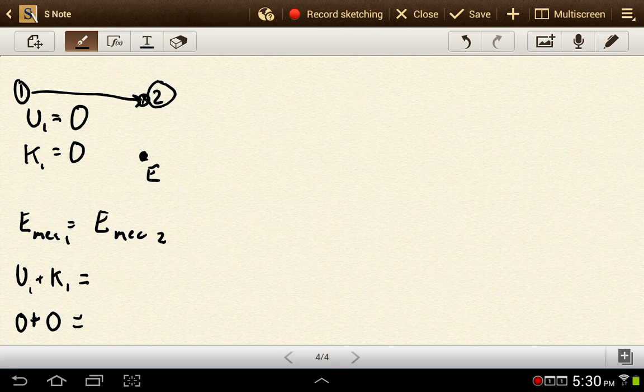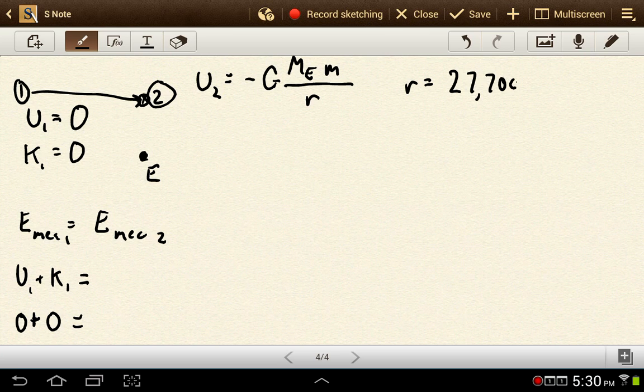Now for the right-hand side, potential energy at point 2 is going to be the old universal gravitation potential energy, which is G times mass of the Earth times mass of the asteroid, which is going to be little m, over the distance between them. I'm going to say it's little r. Sorry, the distance between their centers. So remember, r is going to equal what we gave as the closest approach distance, which is 27,700 kilometers, plus the radius of the Earth.